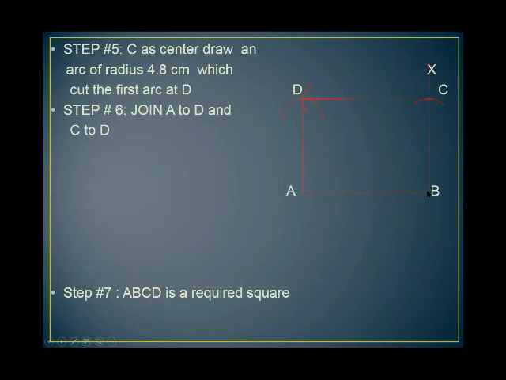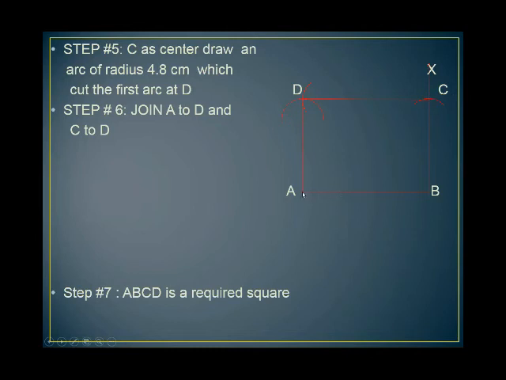And why do we draw a perpendicular? Because we know that every angle of a square is 90 degrees. So when we draw the perpendicular, we take B as a center again and draw an arc of the same measurement, that is 4.8 centimeter. So that's how we get a point that is named C.